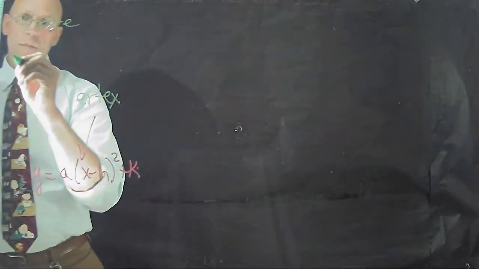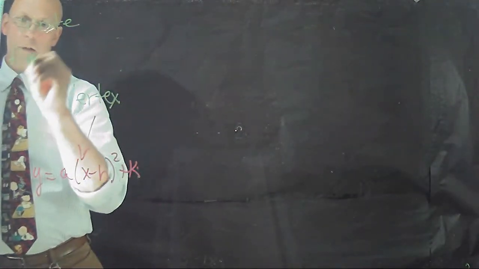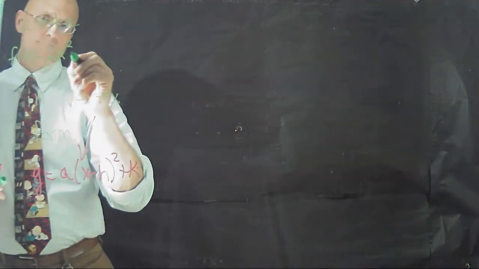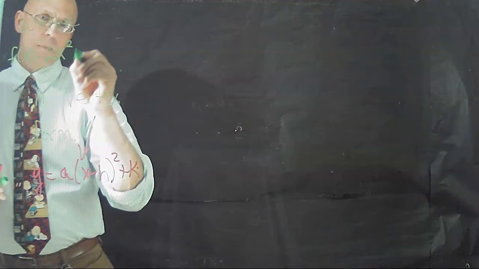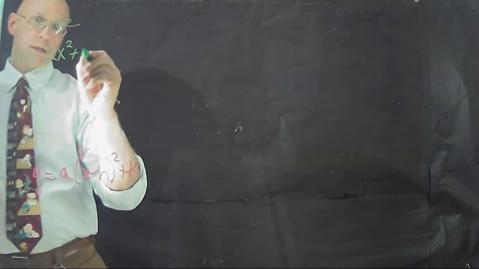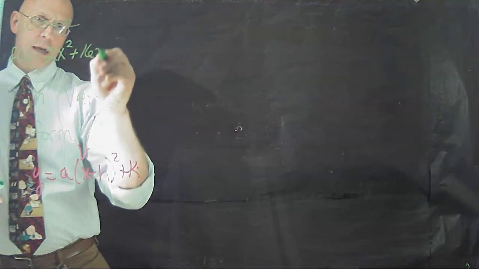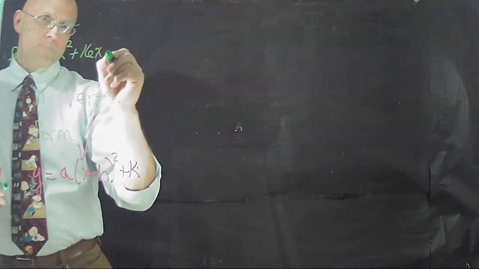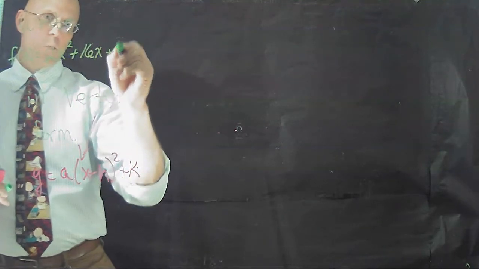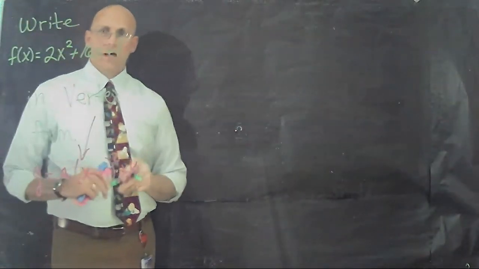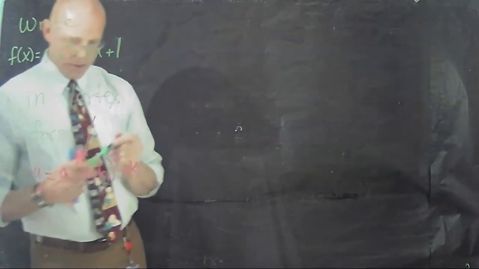This one is f of x equals 2x squared plus 16x plus 1. There it is. This is the one I want to work with. I want to take this and get it into vertex form.